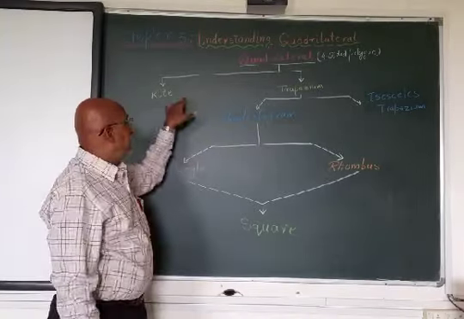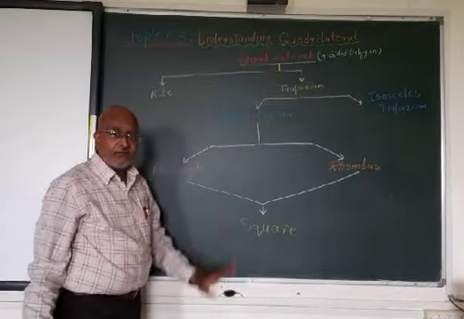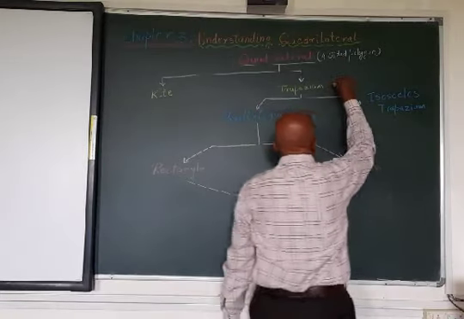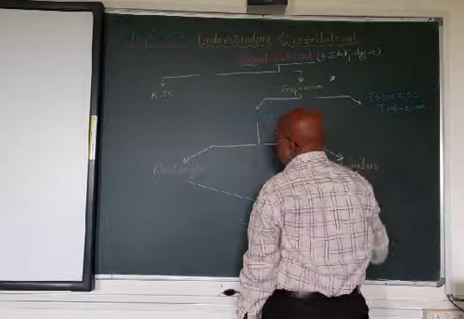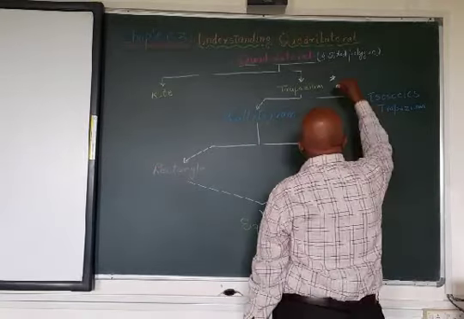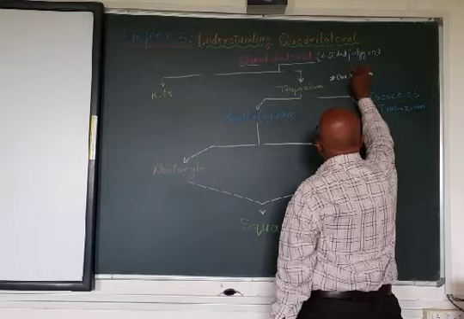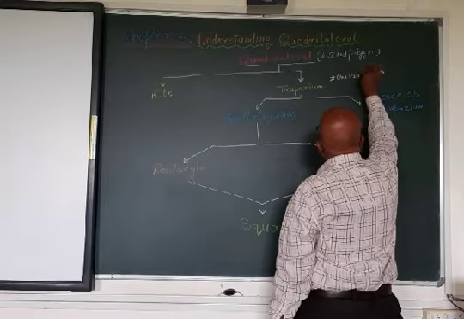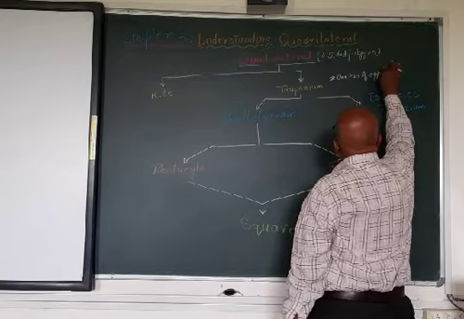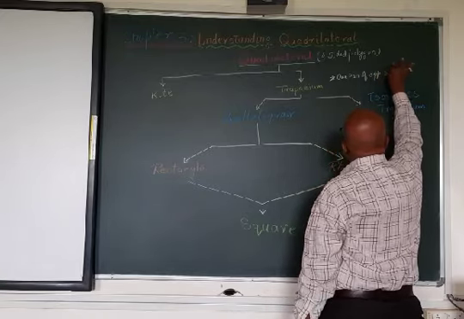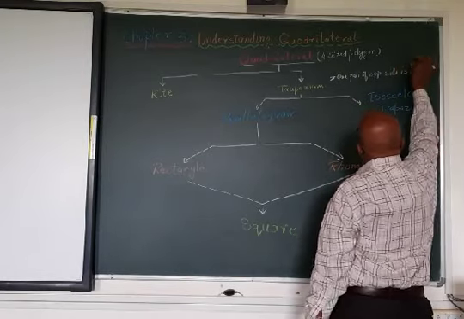Now what is the difference here? Now trapezium, one side is parallel. The property of trapezium, I will write here with a star. Star means the property. One pair of opposite sides is parallel.